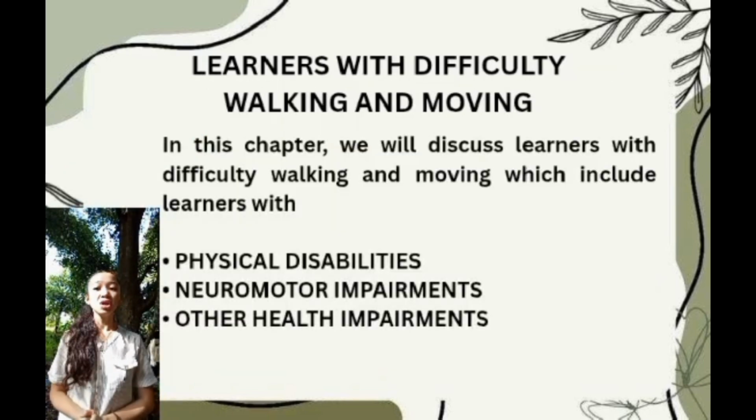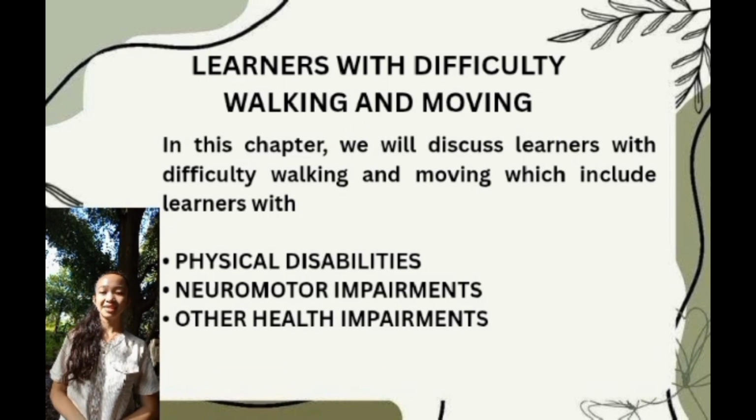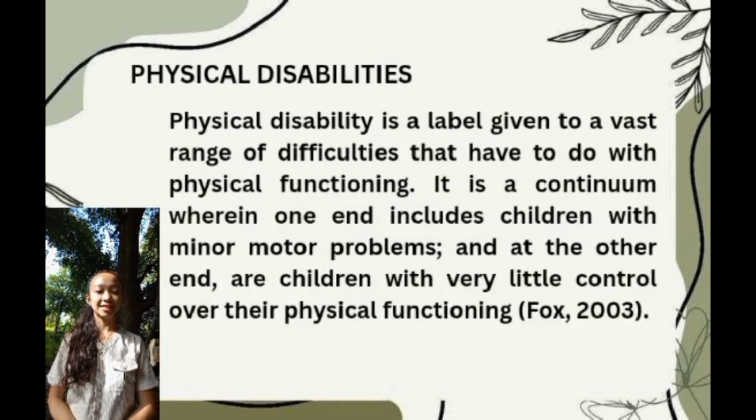In this chapter, we will discuss learners with difficulty walking and moving, which include learners with physical disabilities, neuromotor impairments, and other health impairments. So let's start with the physical disabilities. Physical disability is a label given to a vast range of difficulties that have to do with physical functioning.